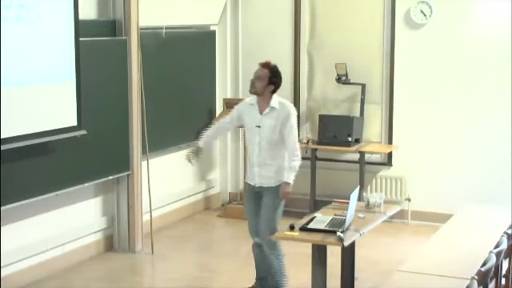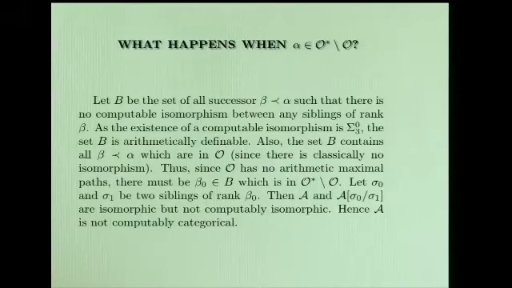So there must be some beta 0 in this set which is in O star and not in O. Then we let sigma 0 and sigma 1 be two siblings of rank beta 0. Their corresponding substructures are isomorphic, but not computably isomorphic.